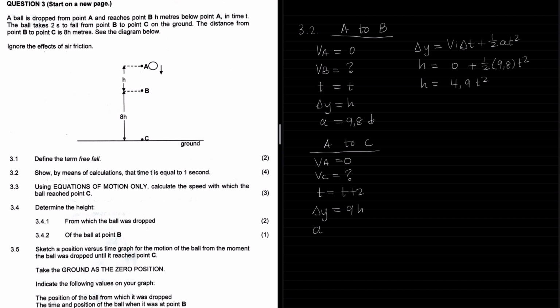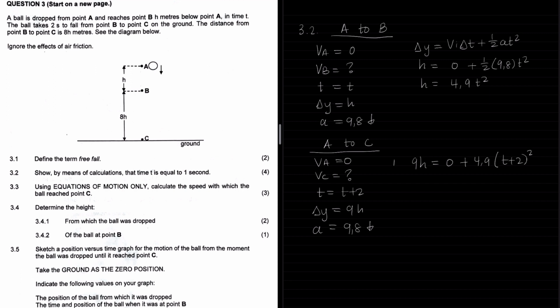And then lastly, a again is 9.8 down. Now I'm going to use the same equation, but now I'm going to substitute directly. So 9h equals 0 plus 4.9 into t plus 2 all squared.